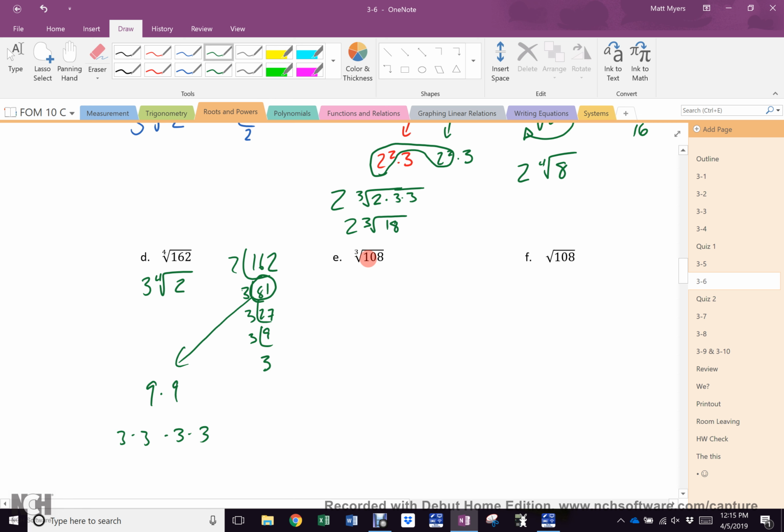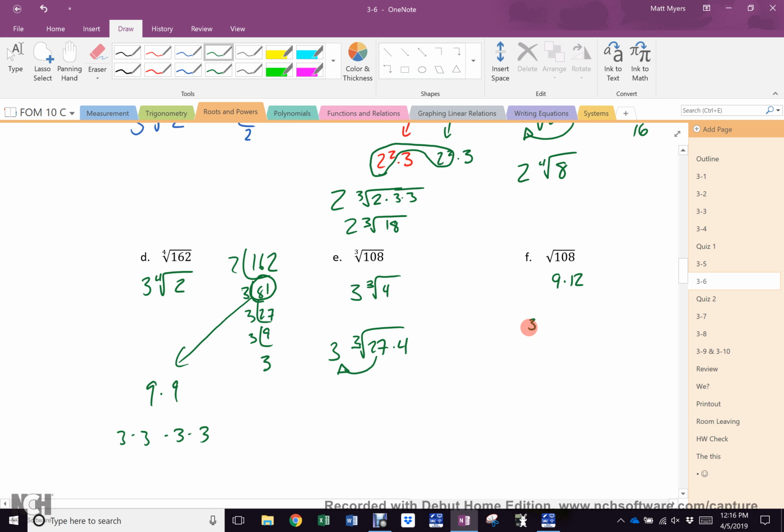Okay, what's E? 3 cube root 4. Because that, 108, is the cubed root of 27 times 4. Out comes the 3, and we leave the 4. Square root of 108 is 9 times 12 is probably what most of you used.